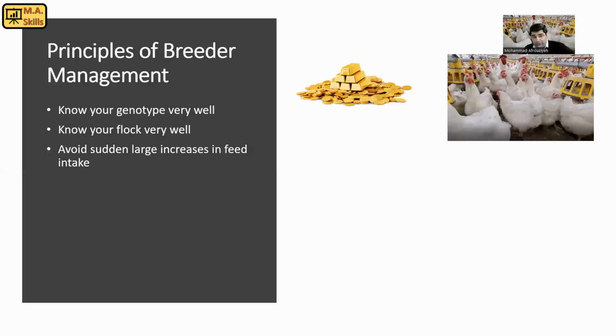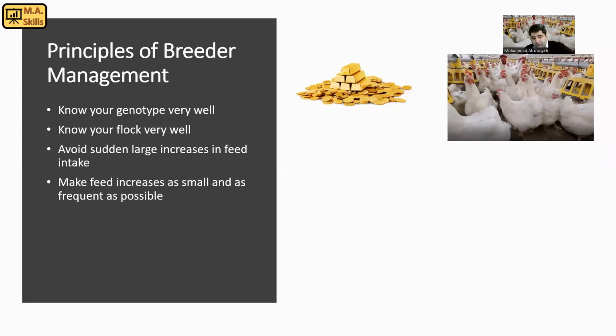Third point, really important. Avoid sudden large increases in feed intake. If you see your birds are underweight, don't worry. Do not increase their feed intake suddenly. Otherwise, you are ruining your success. Just redraw the body weight curve and bring them to target body weight slightly. Steady and small body weight gain.